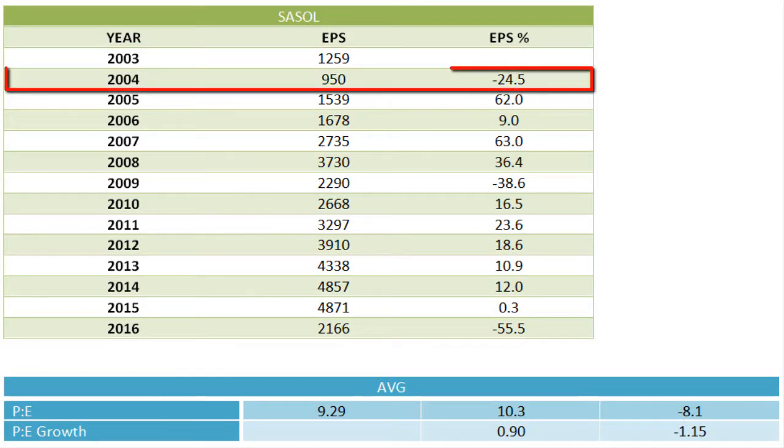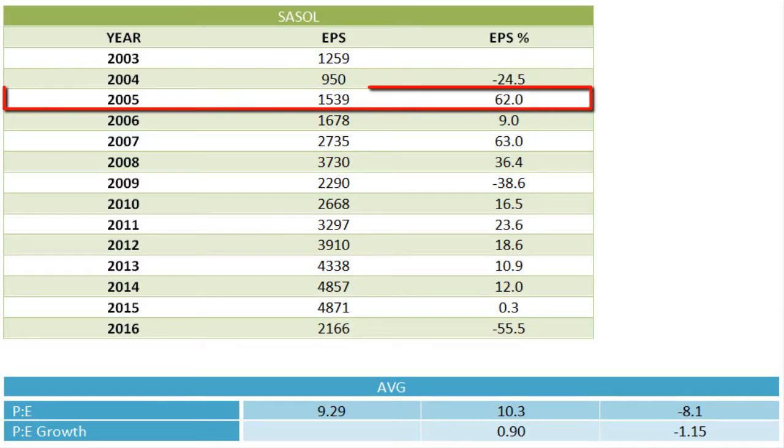And in 2004, that dropped quite substantially to 950 cents a share. So that was a 24.5% drop. The following year, 2005, the earnings per share were 1,539 cents per share. And that was a 62% increase on the 2004 earnings per share.